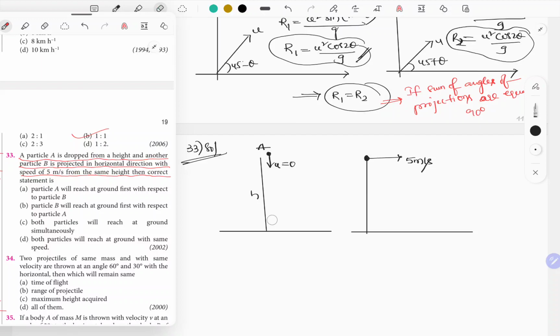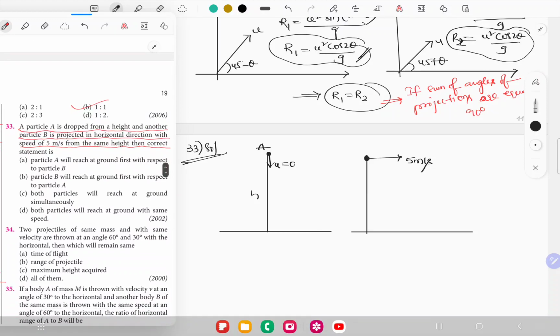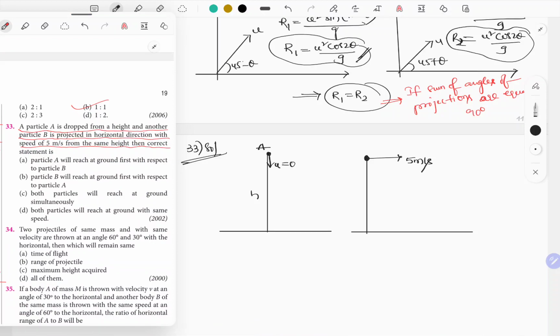Then what's the question they're asking? They're asking which of the following statements are correct. Particle A will reach the ground first with respect to particle B. So they're asking which particle may reach the ground first.